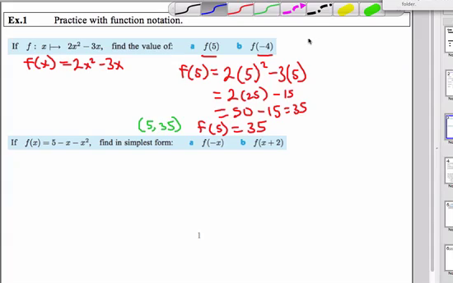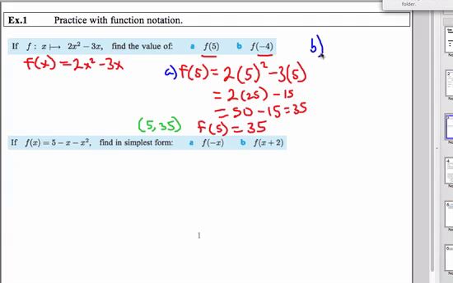Okay, in a different color here, I'm going to do part B. So we have f of negative 4, and we do 2 times negative 4 squared minus 3 times 4. And so you get f of negative 4.